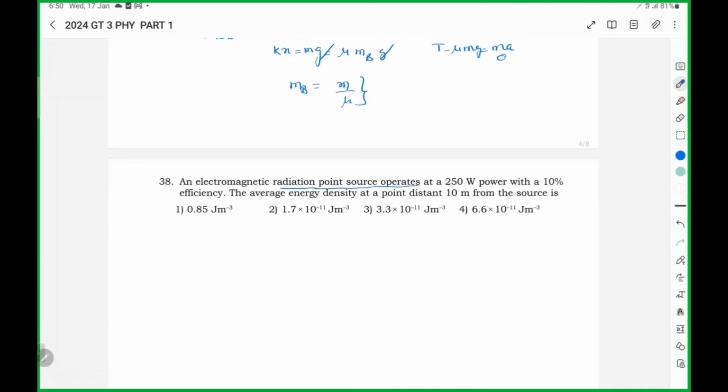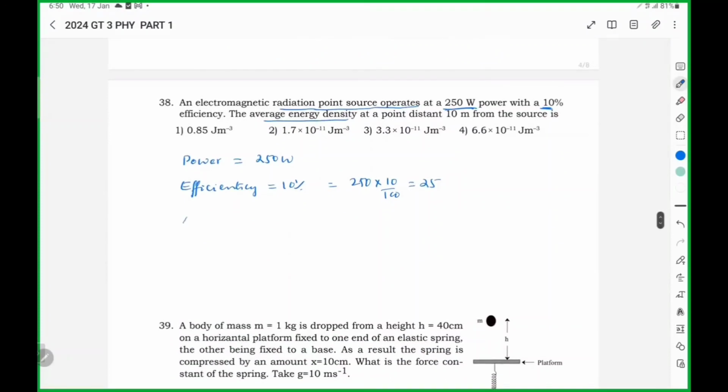An electromagnetic radiation point source operates at 250 watts with 10% efficiency. Original power is 250 watts. Efficiency 10% means that is 25 watts. Average energy density is half epsilon naught E square.